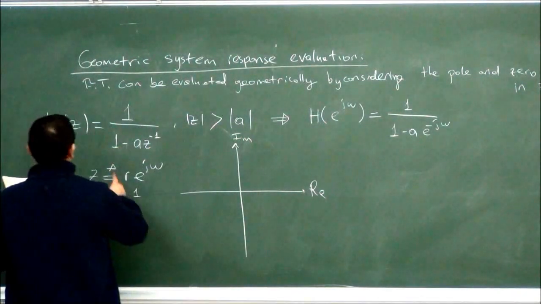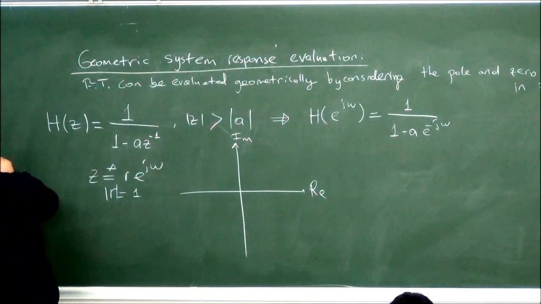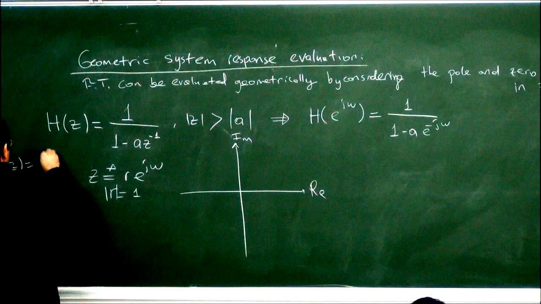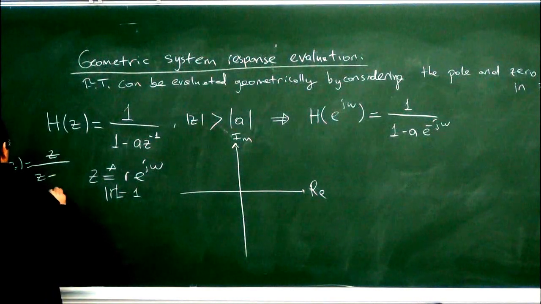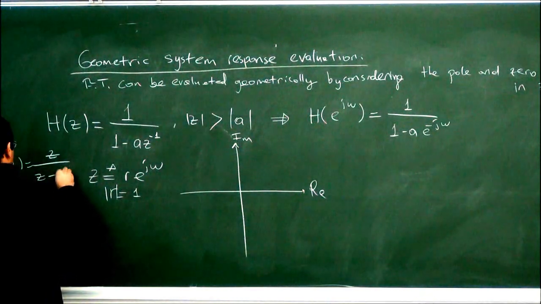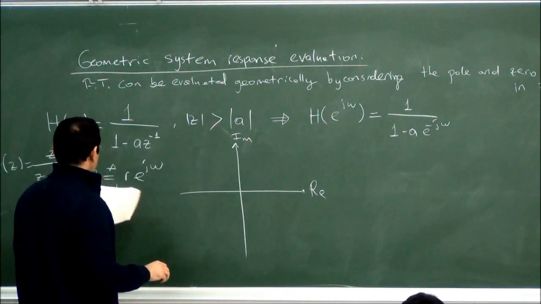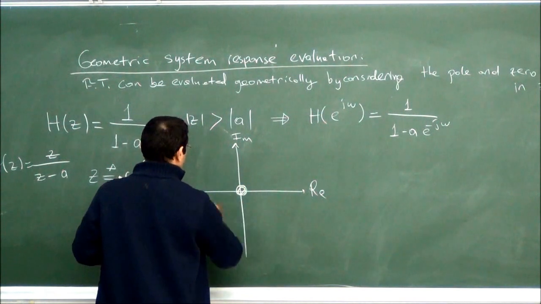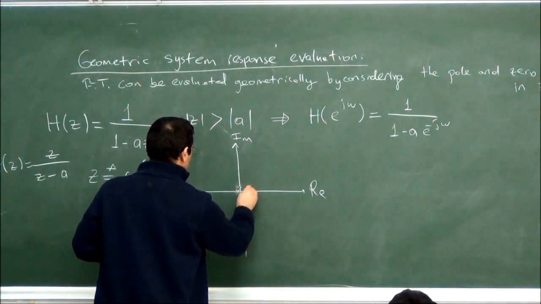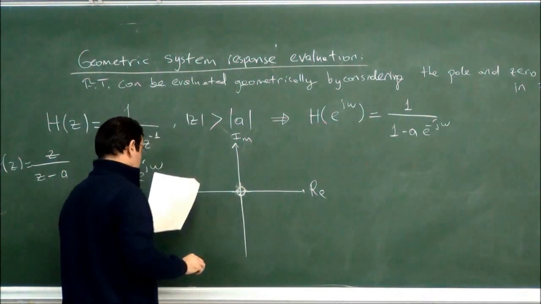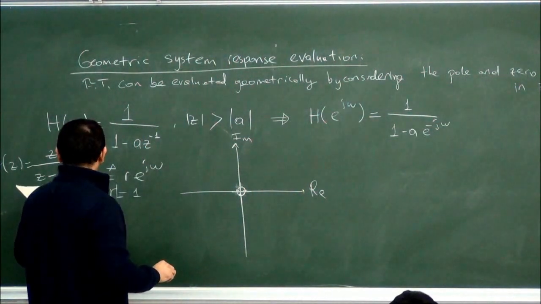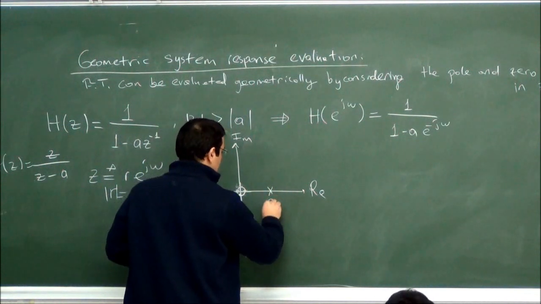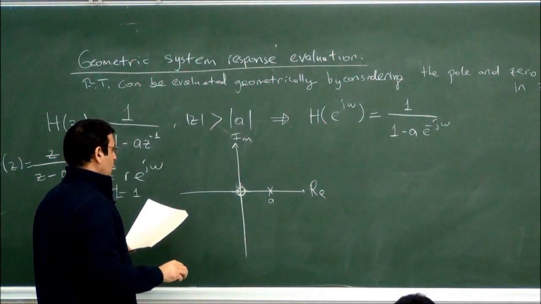For this system, as you see, H of z is equal to z over z minus a. There is only one zero at the origin and a pole at point A. So this is A, let's say. There's a pole at point A.